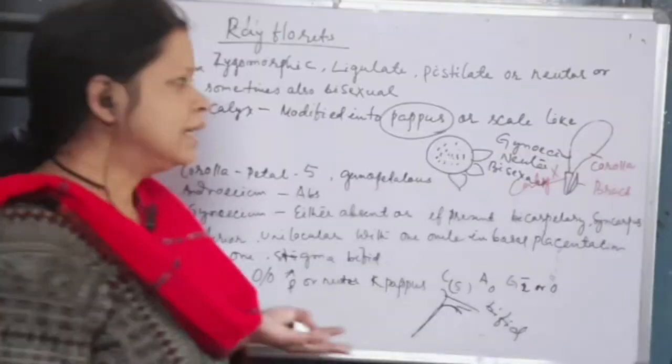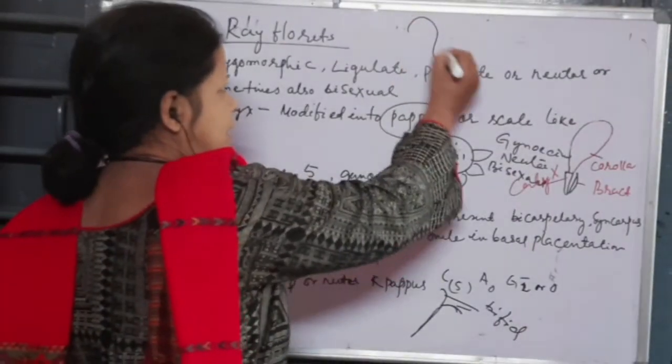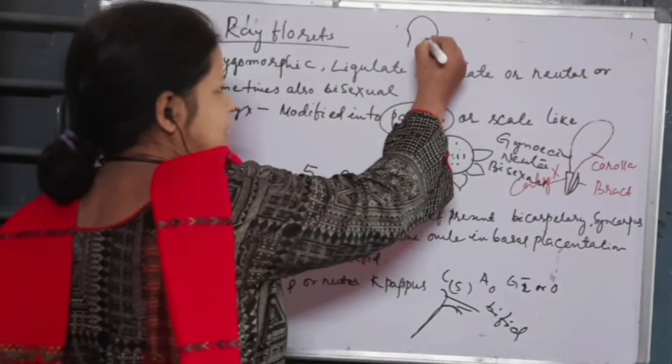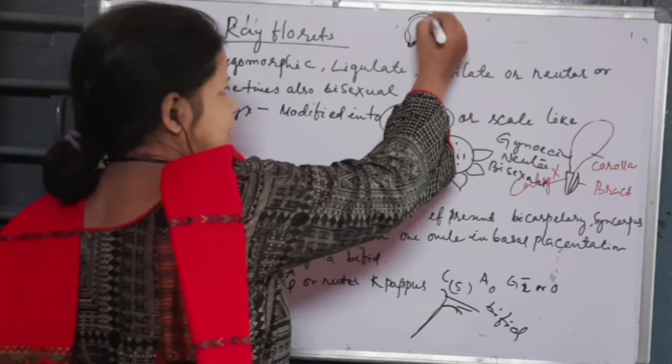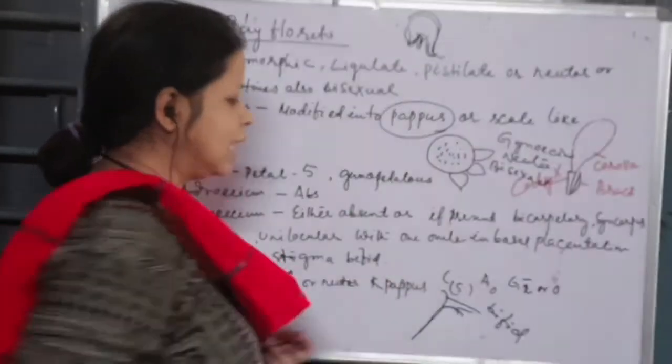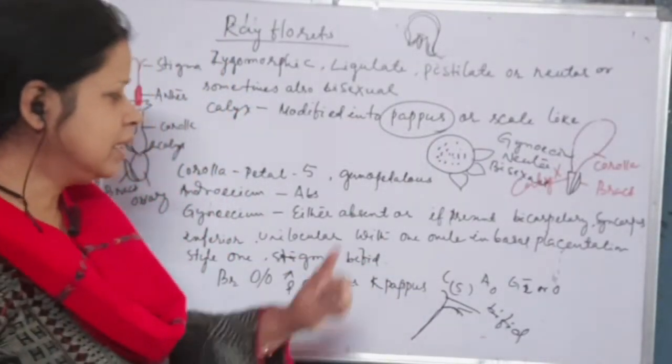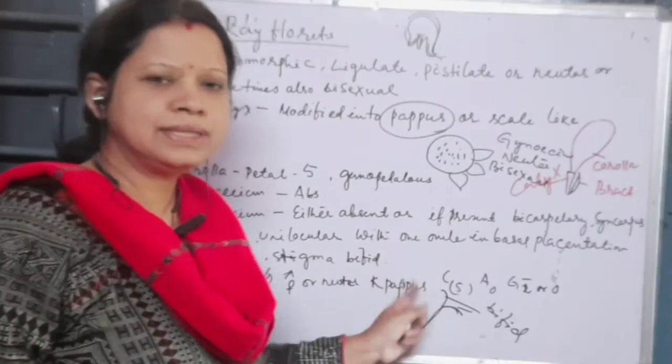Anatropous ovule means inverted ovule. So the type of ovule is like this: the micropyle is towards the lower side and the chalaza is towards the upper side. This is the anatropous ovule, a single ovule in a single locular chamber.